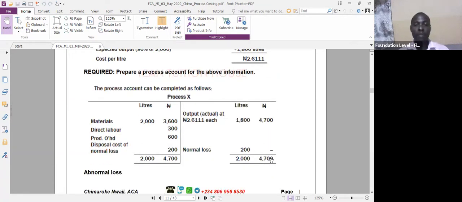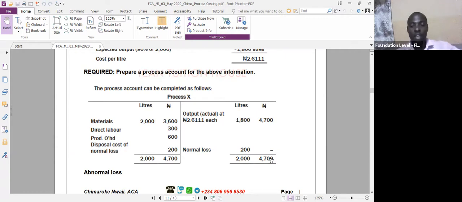Now let's see how we can prepare the account here. The materials still as follows. Direct labor, overhead. You don't have liters of material, they only have cost. Now the cost of disposal of normal loss, we are told is 200 from our calculation. So when you add them up together, it gives you 4,700.